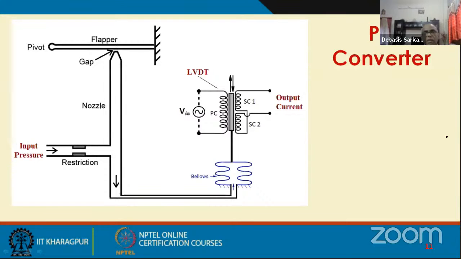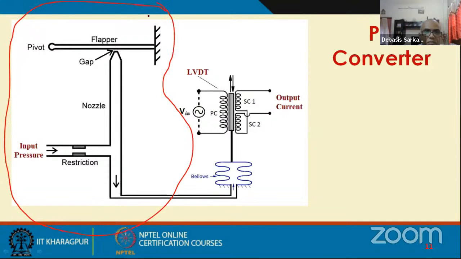Now let us see how we can obtain a pressure to current converter with the help of this flapper nozzle system and LVDT. So look at this part. This part is nothing but the flapper nozzle system that we have discussed.